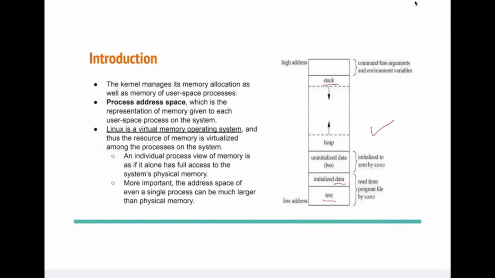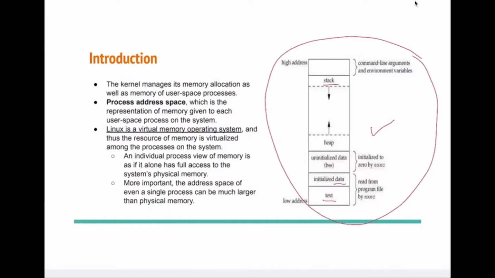This whole memory area is represented in the main memory with the help of process address space. So you can say that this is the whole area that is allocated to a particular running program that we call a process. And this address is a virtual address and it is specific to a particular process.